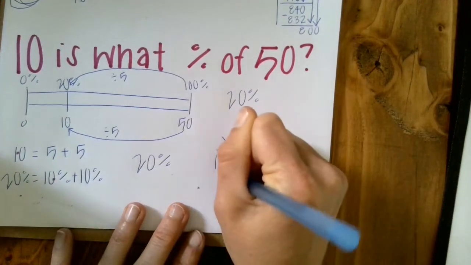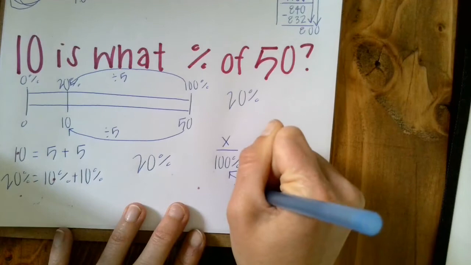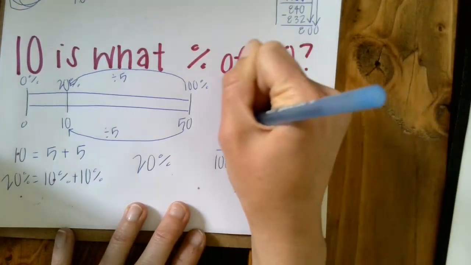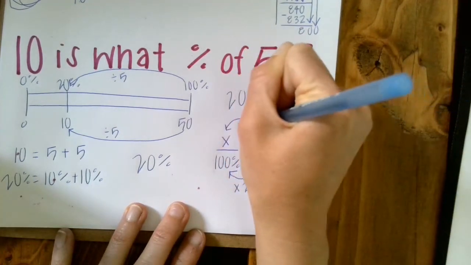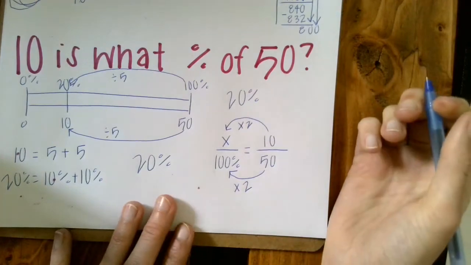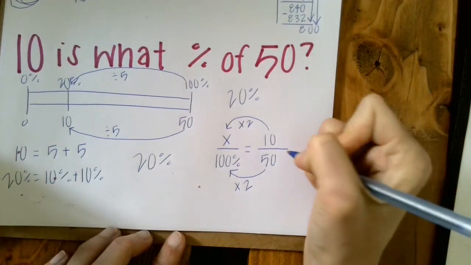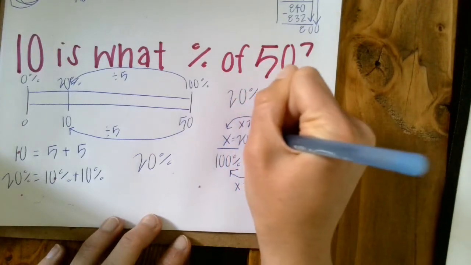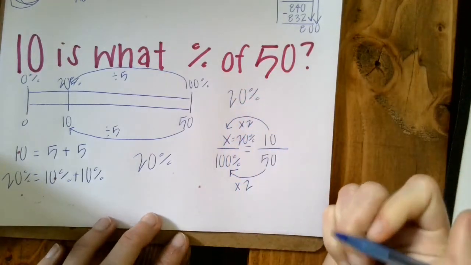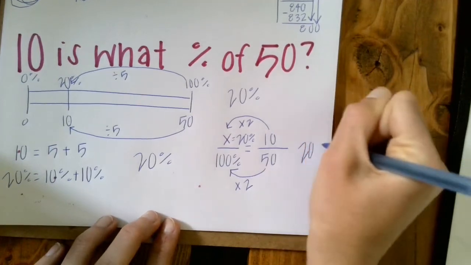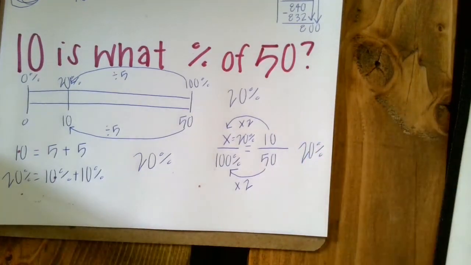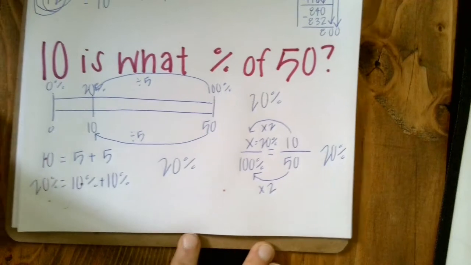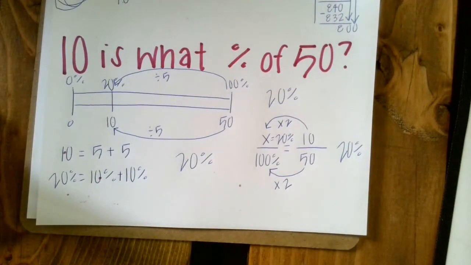So how do I go from 100 to 50? I multiply by 2. Therefore, I have to multiply the top by 2. So 10 times 2 is 20%. Therefore, this way, we also got 20%. Either way that you choose to do it out of the 3 will get you to the same answer.